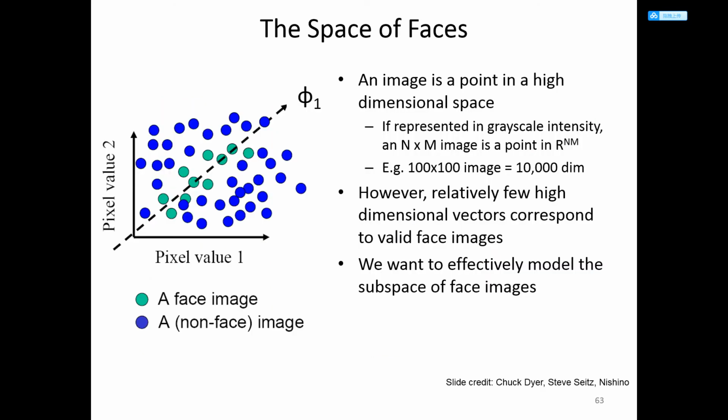To do good recognition of faces, the idea for Eigenface is that we first want to identify the space of faces within the image space. Of course, you have a high dimensional space to start with, right? Let's say again you have these 100 by 100 images, so it's a 10,000 dimensional space.